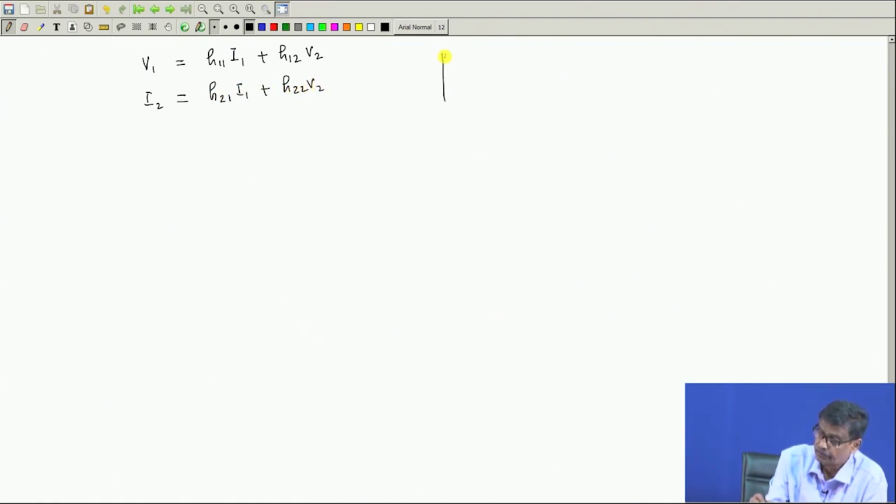So, this is the two-port network, plus minus. These are the conventions which we should not break to find out anything. So, this is V2, this is I2.